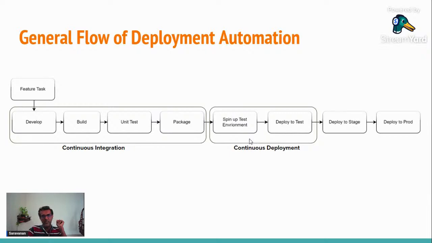And then once the testing is over in the lower test environment, comes the continuous delivery part, wherein it will happen only in the higher environments, like staging or production, where multiple stakeholder approvals would be needed, and then it will be deployed, right?